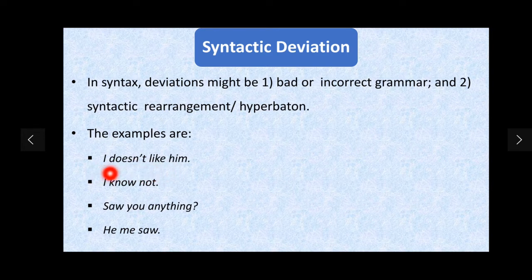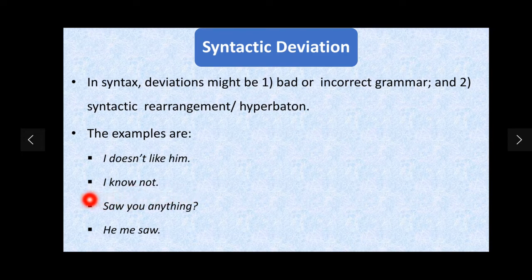Because we are supposed to say "I don't like him," not "I doesn't like him." But the poet may use it because they have poetic license. "I know not." The arrangement of words is correct, but it is incorrect grammar or bad grammar. It should be "I don't know."